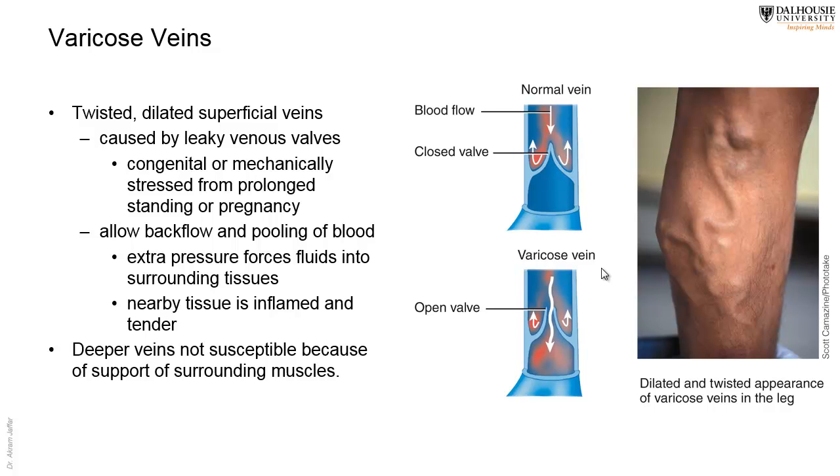Varicose means worm-like. The deeper veins are not that susceptible because they are surrounded and supported by the surrounding tissue, like the muscles. But here, these veins are just under the skin and they are not supported by the muscles. These veins that are present under the skin, actually we need them for the peripheral circulation, for the control of the temperature of the body.